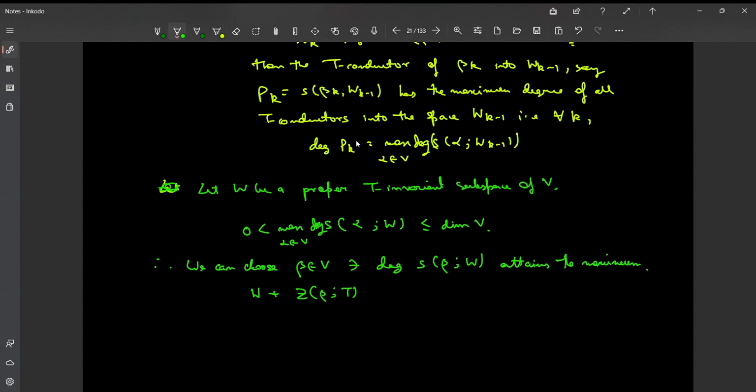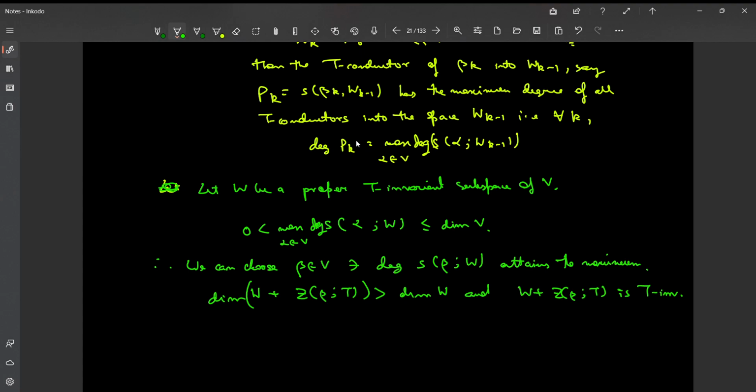Then this obviously has dimension larger than the dimension of W, right? So it has dimension larger than the dimension of W, and the space is also T invariant, and W plus Z beta T is T invariant. Clear? Okay, is this observation clear?